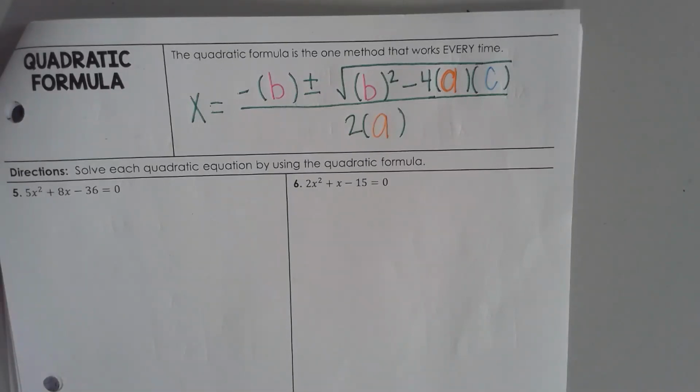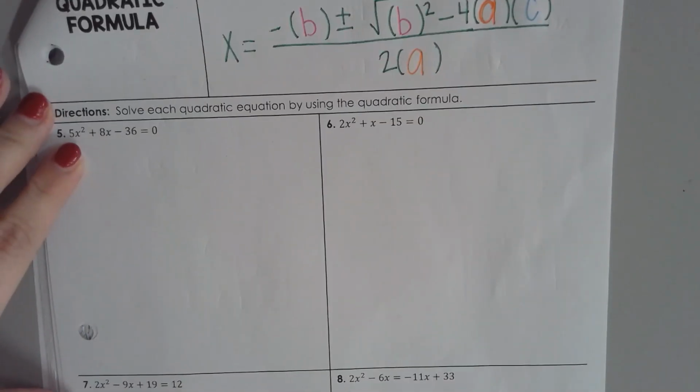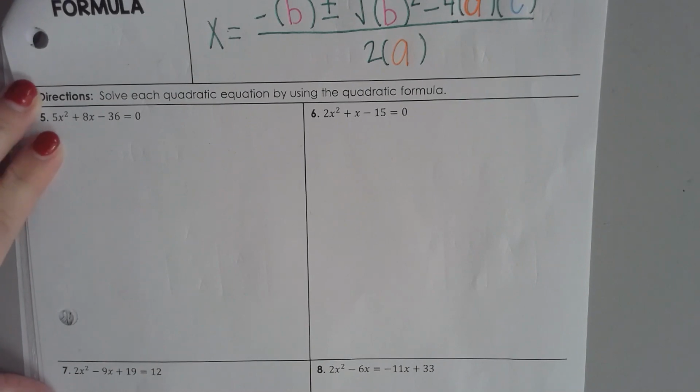If it's not a perfect square, then it's not going to come out as a whole number, which is why you have 2 irrational solutions. If it's 0, you only have 1. If it's negative, we've not talked about this yet, but you can't take the square root of a negative. So that's why there's 2 imaginary. We're not going to look at imaginary just yet. We're going to do ones where you get the other options.